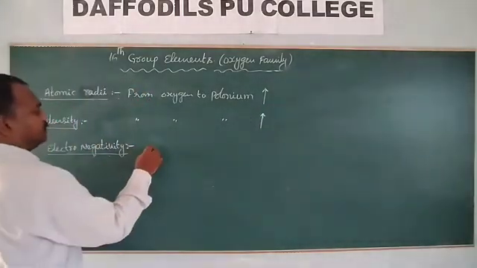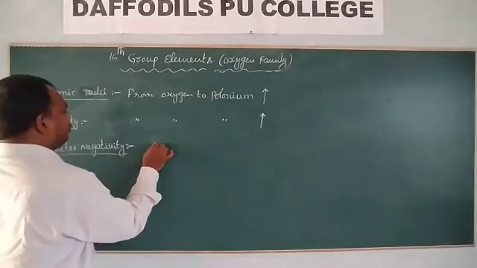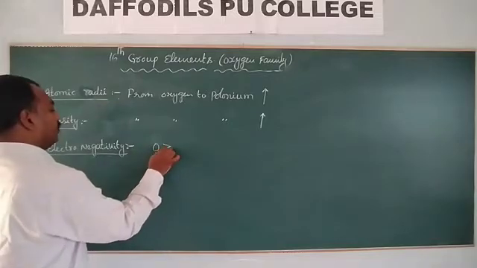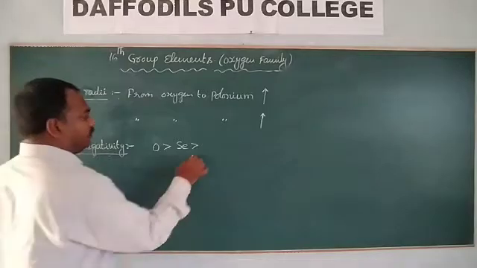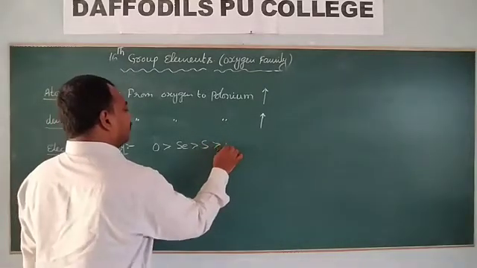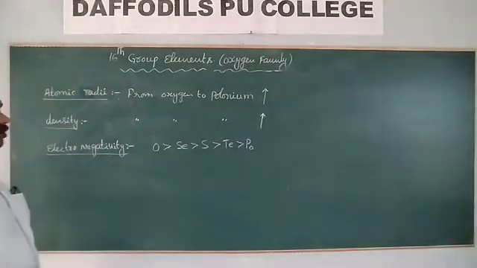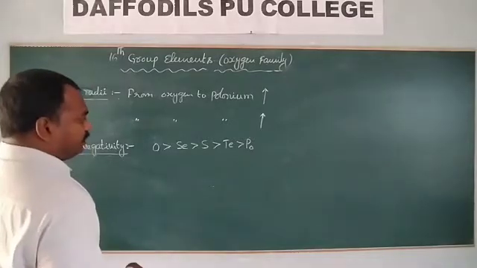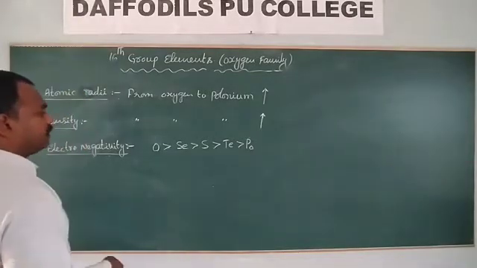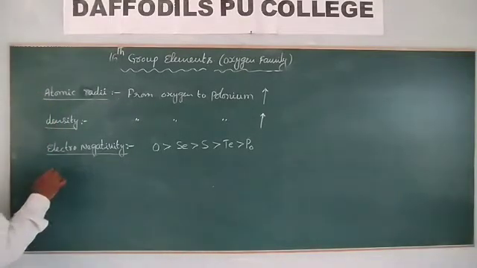Here the same trend is also observed, but a slight variation is there. Oxygen's electronegativity is greater than selenium's, then sulfur, tellurium, and polonium. Selenium electronegativity is greater than sulfur, sulfur greater than tellurium, and tellurium greater than polonium. Next, electron gain enthalpy.